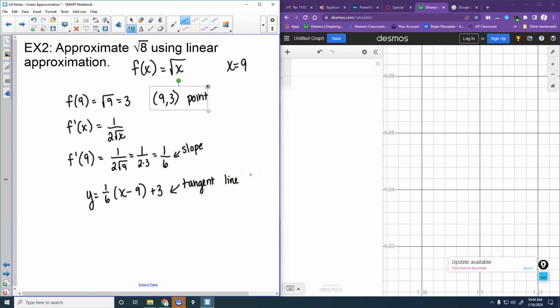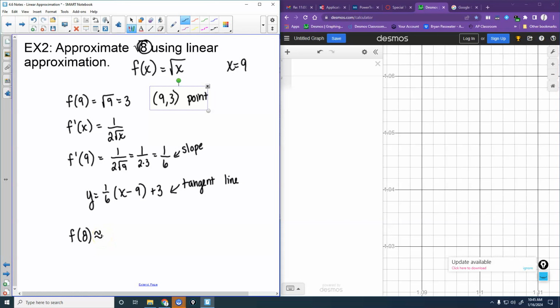Okay, so we would like to find f of 8, square root of 8, right? But imagining that we are in a world where we don't have a calculator, we can't find the square root of 8. So we're going to use our tangent line instead. We're going to take that number that they're asking for and plug it into our tangent line. So we're going to say f of 8, and we are going to use a squiggly equal sign because we're doing a tangent line approximation.